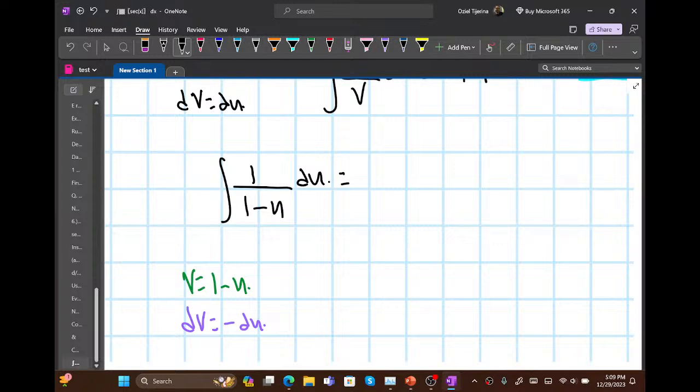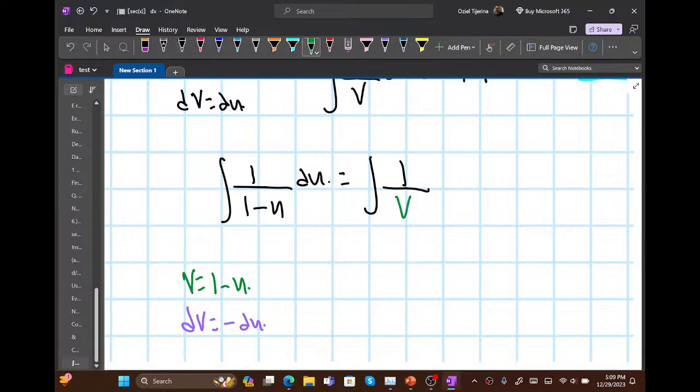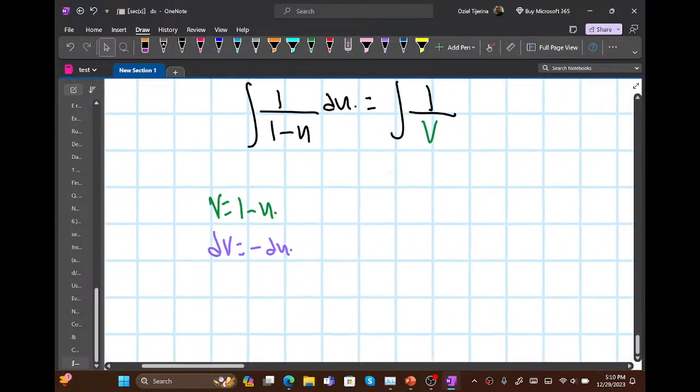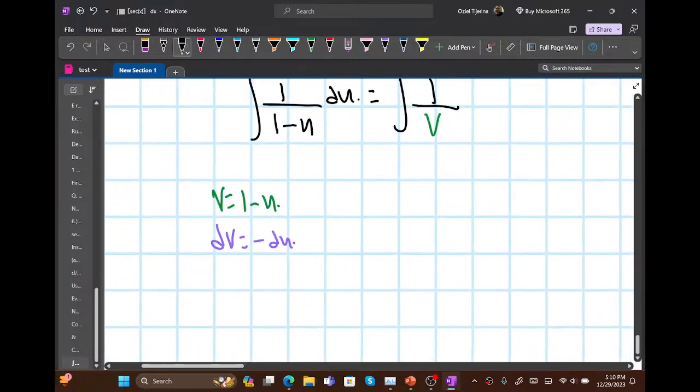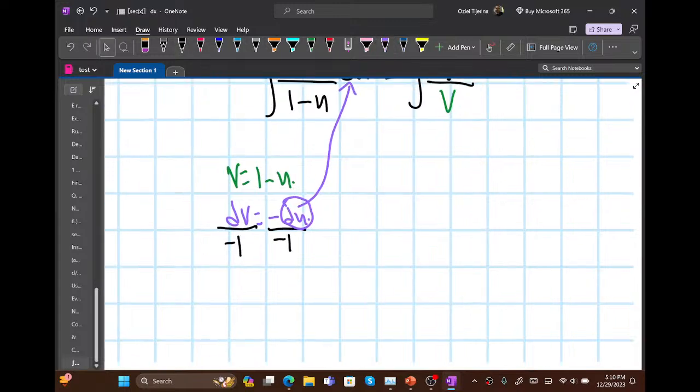This is going to be, hold on, what would it be? The integral of 1 over v. If I divide both sides by -1 here, because I'm going to try to solve for du, I want to make sure this is on its own. So in other words, du will be negative dv.